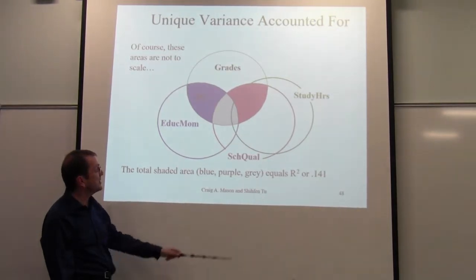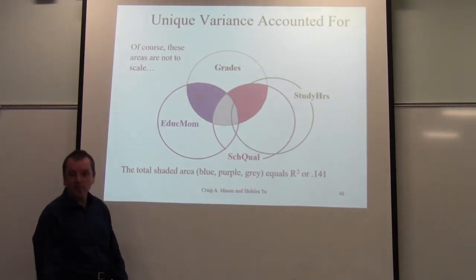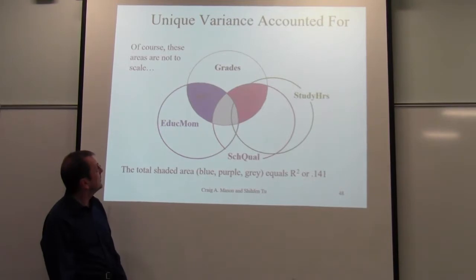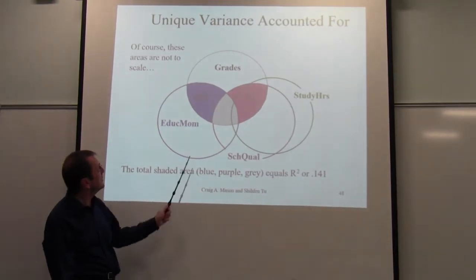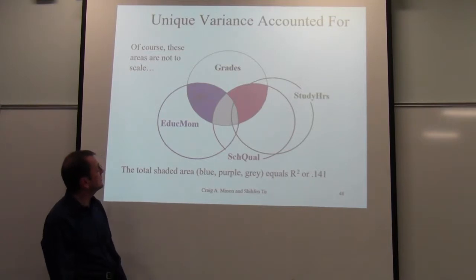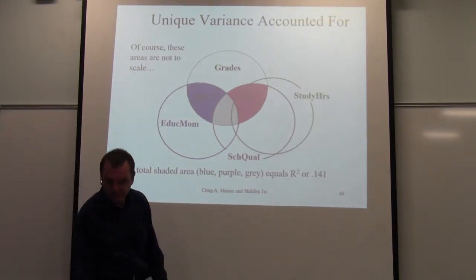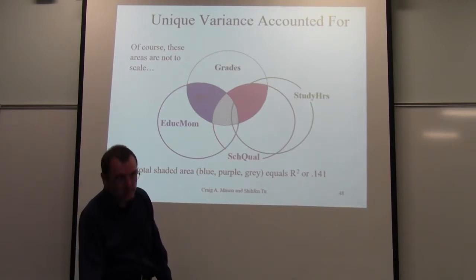About 3% is that overlapping gray area. Or is it 2? Yeah, 3. Okay, ish. Questions?